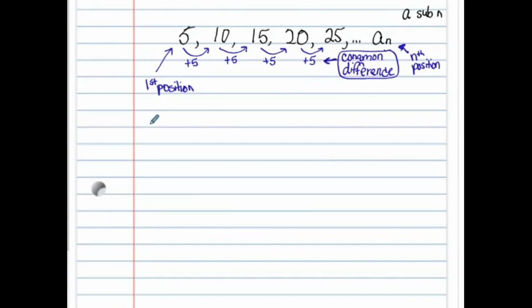Okay, so the directions for the assignment in the first part would say write the next 3 terms of the arithmetic sequence.